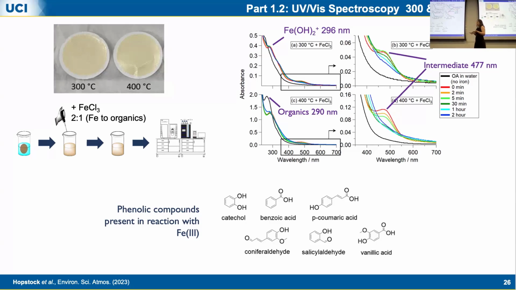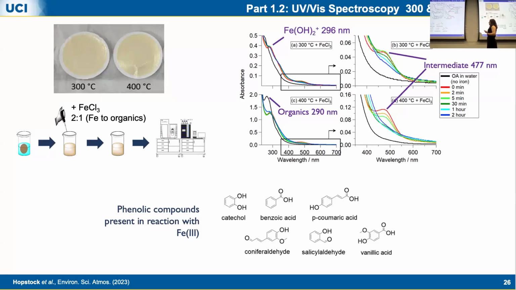We've observed similar things as before. With this water-soluble organics, this is just the OA in water, so there's no iron in that. And what you see is there's an organic band peaking at about 290 nanometers, and that goes away once I've added iron, and we notice this iron oxide band at 286 nanometers, and then we see an intermediate forming in the visible.